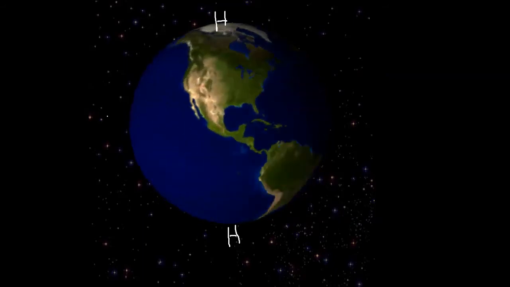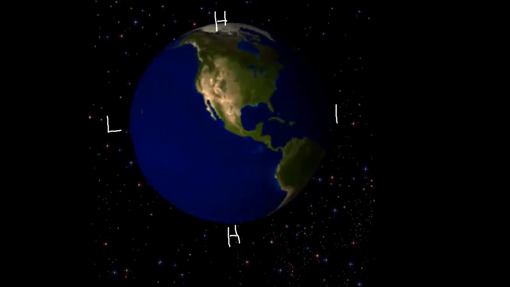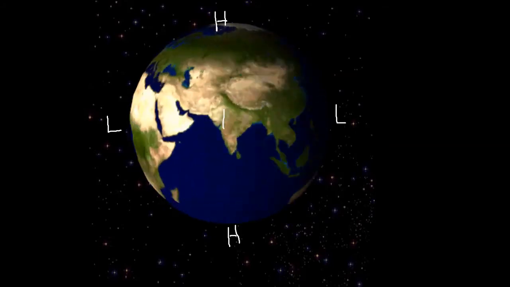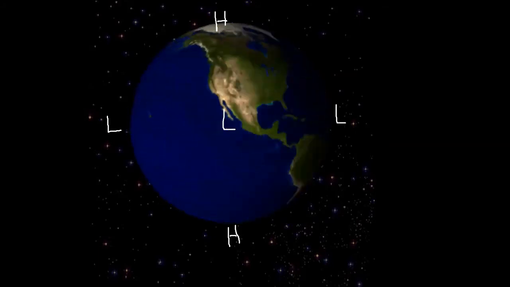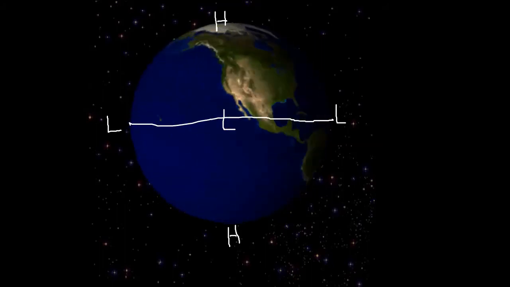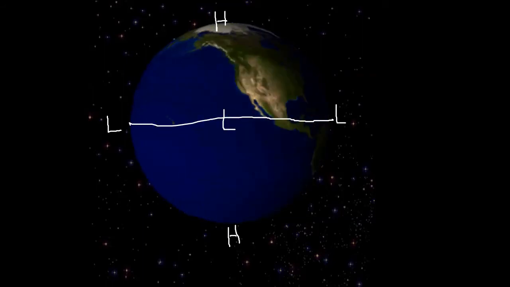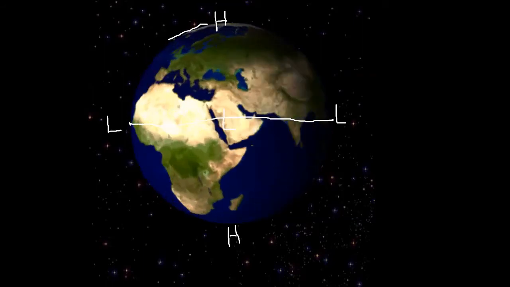And we're going to have low pressure all the way across the equator right here. And so air, generally speaking, is going to want to move from high pressure towards the low pressure.